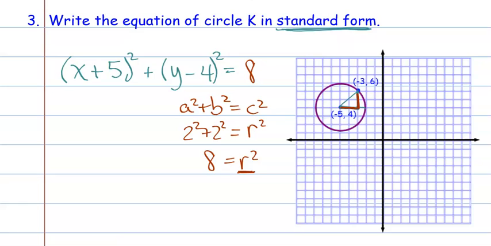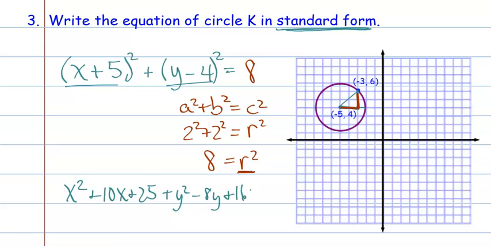Okay, but we need to write it in standard form. So I'm going to take the extra step here of multiplying these out. And if I'm doing all in my head at the same time, it'd be x squared plus 10x plus 25 plus y squared minus 8y plus 16 equals 8. Now all I got to do is kind of gather my constants into one spot on the left so that it equals 0.